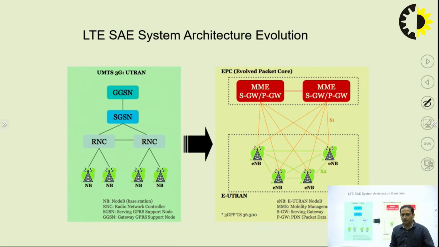Okay, so now come to the next topic, the architecture of the LTE system. On the left-hand side in this diagram you can see the UMTS 3G network.